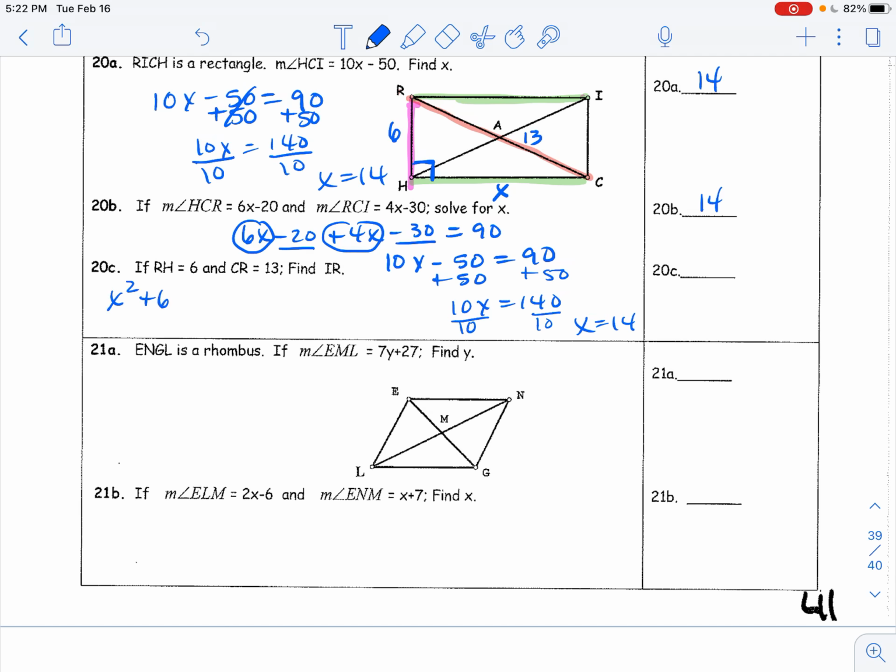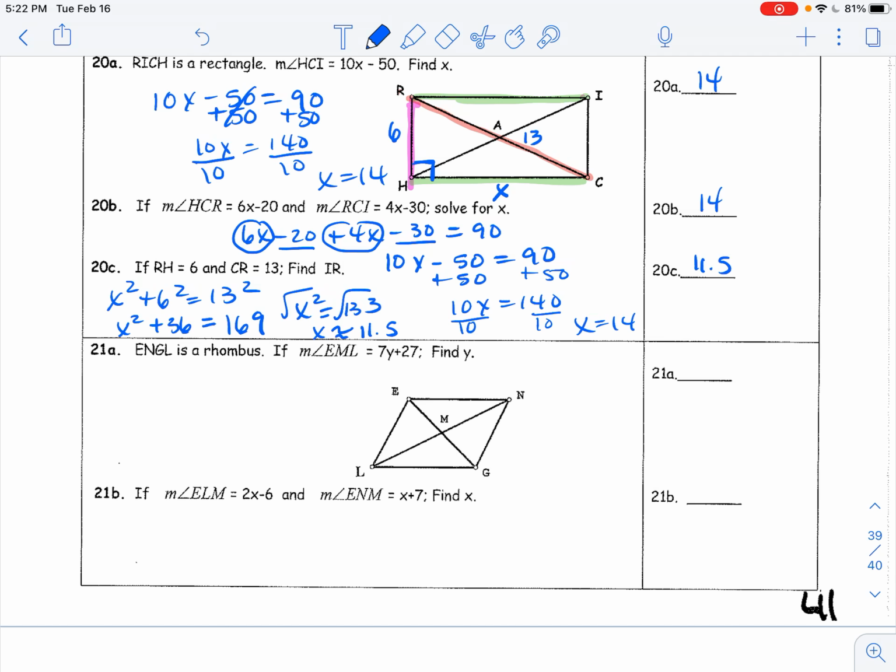So x squared plus 6 squared is equal to 13 squared. And what is 13 squared? I should know this. 169, yeah. I'm going to subtract 36 from both sides, and I'll get x squared is equal to 133. And when I take the square root, x is approximately 11.5. You could also just leave it at the square root of 133.